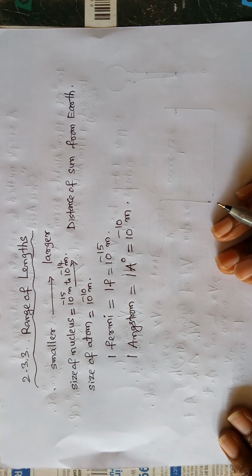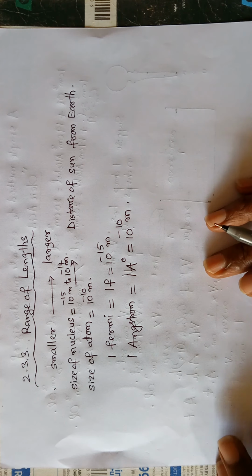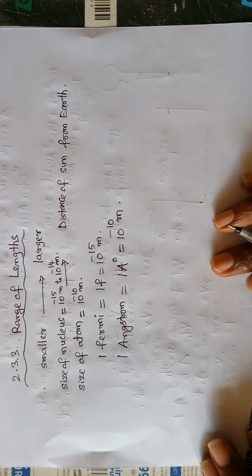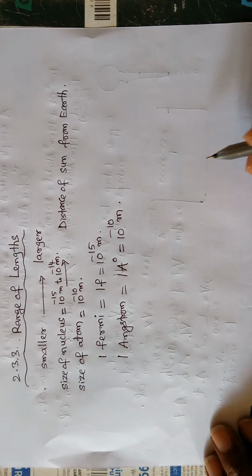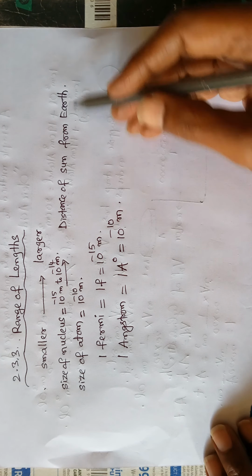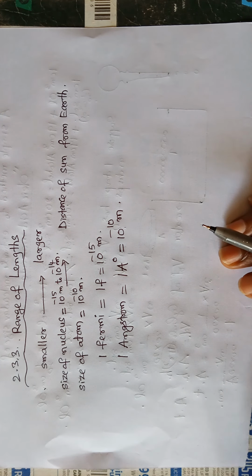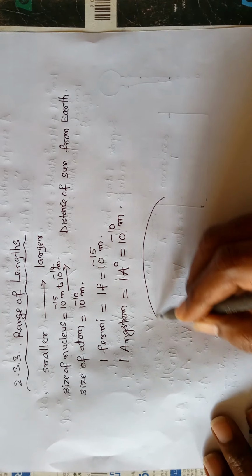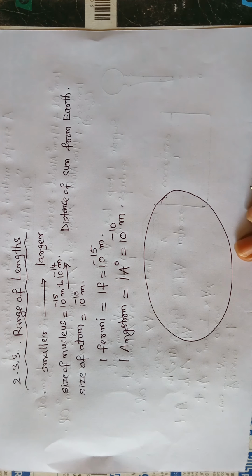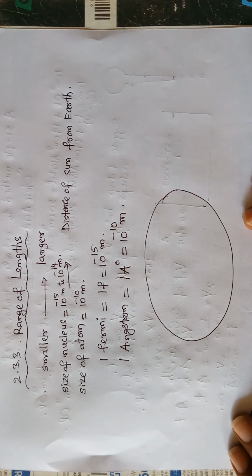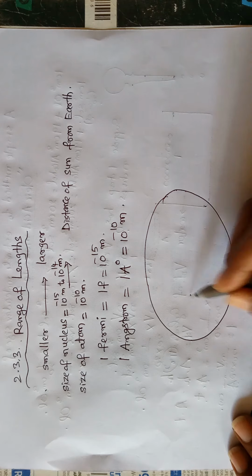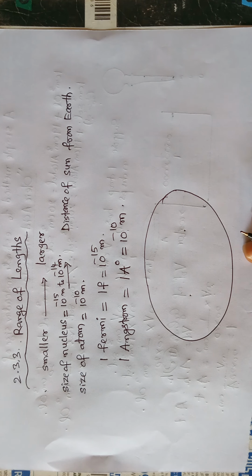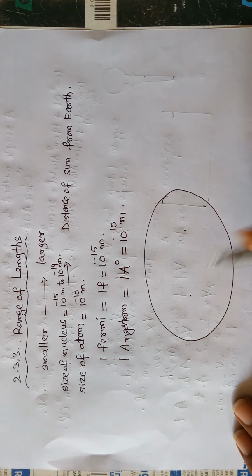For example, distance of sun from earth. If you want that, let me draw a diagram. How earth moves around sun. You know very well, it moves around sun in an elliptic path. If this is an ellipse, it will have two focal points. And at one of the focal points, the sun is located.